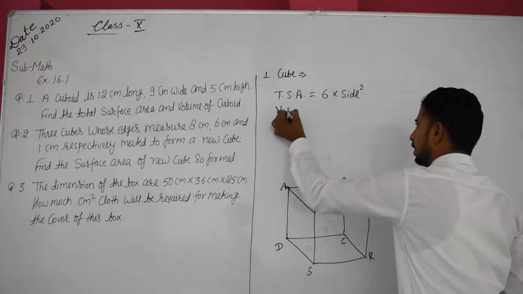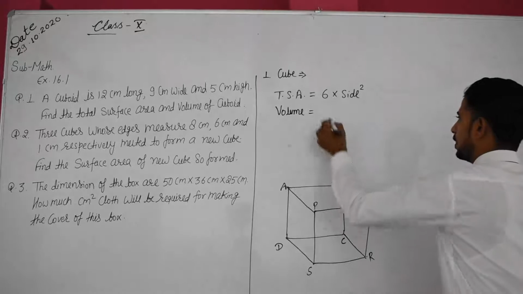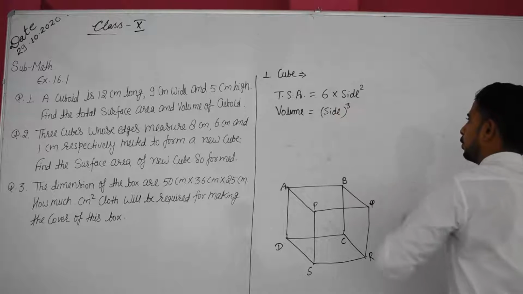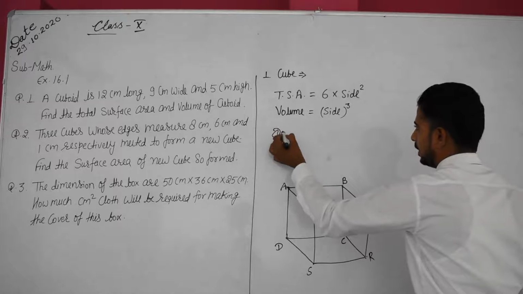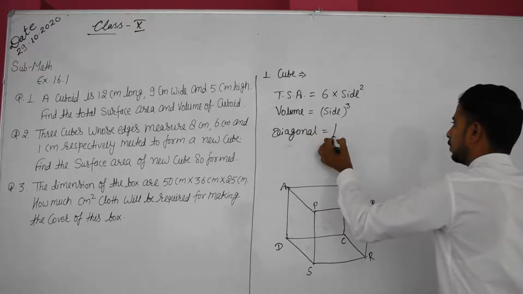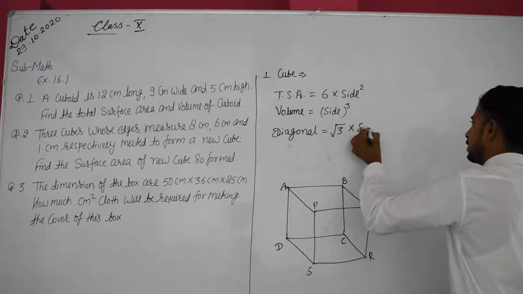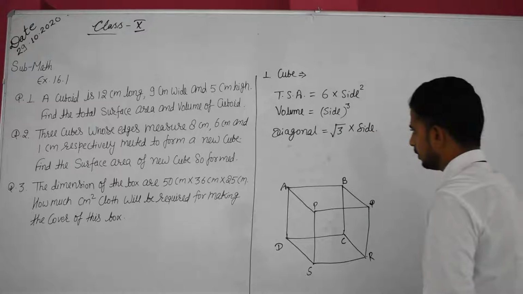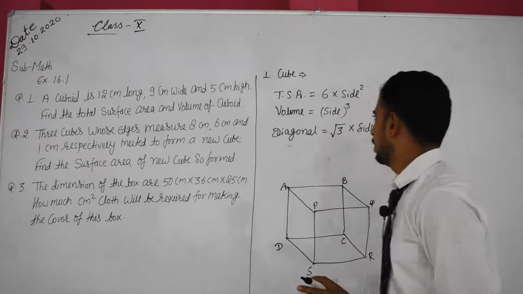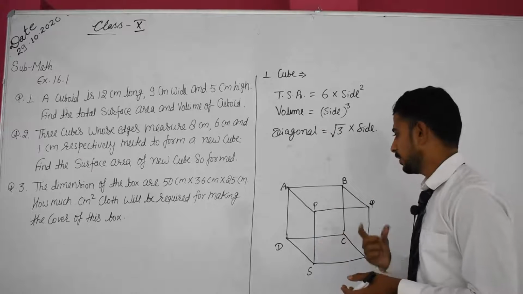Volume of cube is equal to side cube, and the diagonal of a cube is equal to under root 3 into side. In offline classes, we will discuss the derivation of the formula of the diagonal.